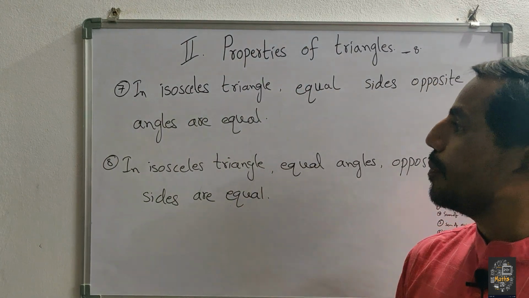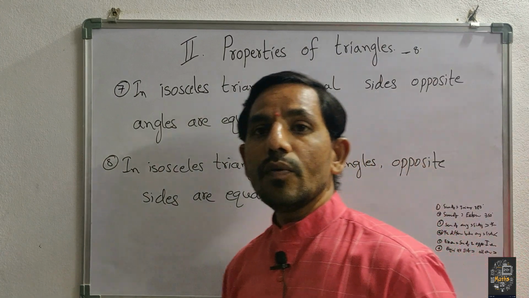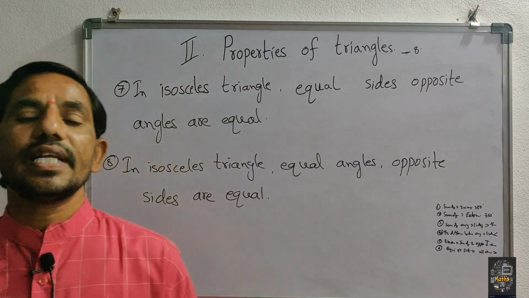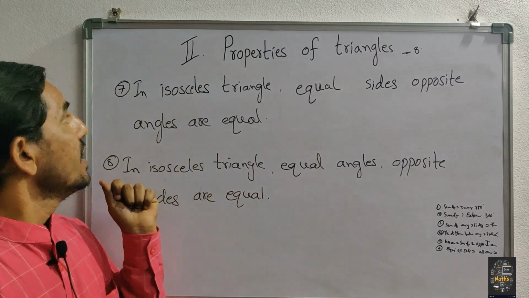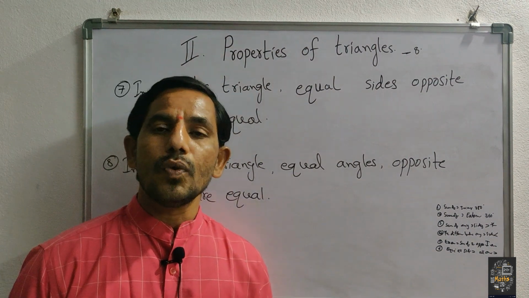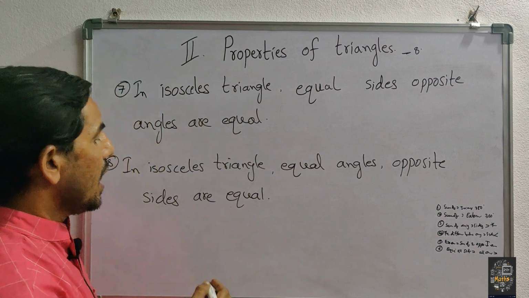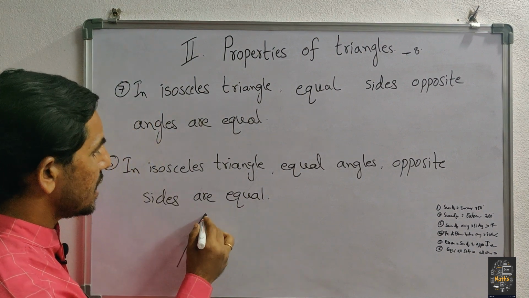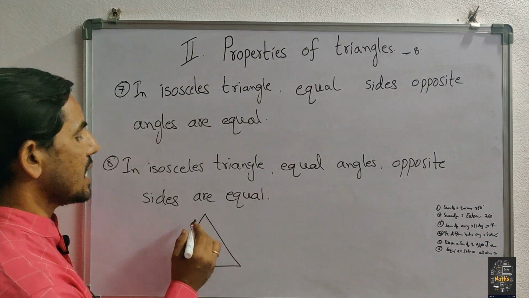Seventh property, in isosceles triangle, equal sides opposite angles are equal. First I will take an isosceles triangle. Isosceles triangle means any two sides are equal.